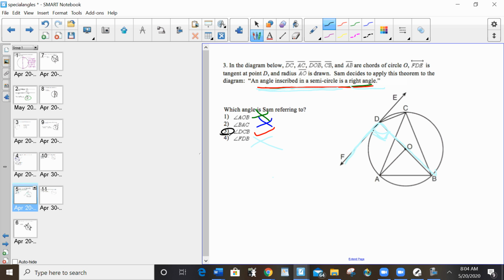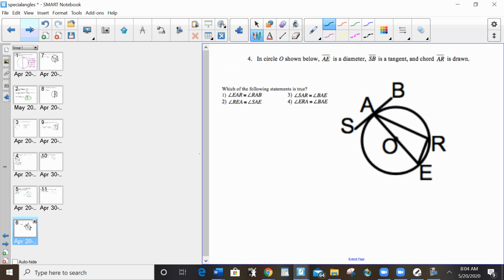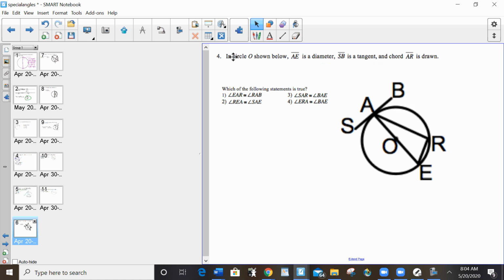This question is going to be a little annoying, but you'd have to look at them carefully, understand these 3 rules, and once you get the hang of it, you get the hang of it. Why don't you try number 4 on your own right now. I'll give you a couple minutes.